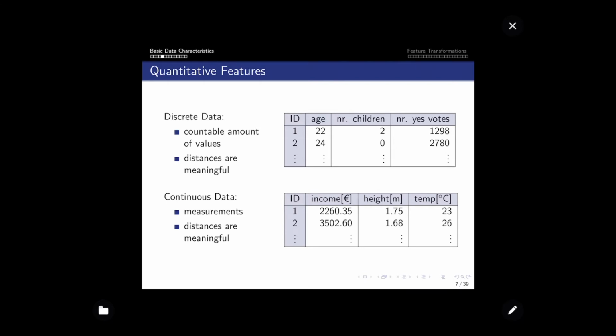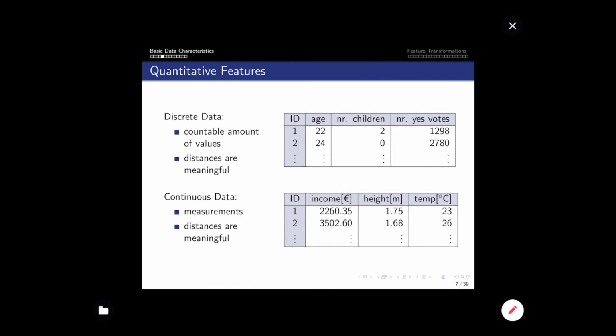The second category of features are the quantitative features. There we have either discrete data or continuous data. Discrete data means that you have some kind of countable amount of values, and here the distances are meaningful.